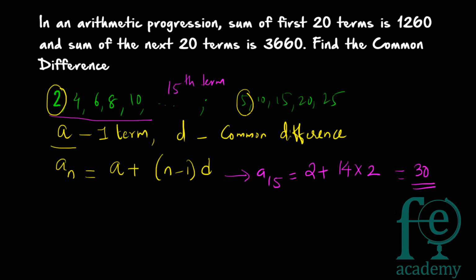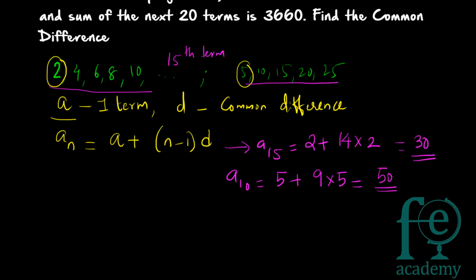One more example: in the second series you are asked to find the 10th term. A10 will be equal to the first term 5 plus n minus 1, which is 9, into the common difference 5. That gives 5 plus 45, which is equal to 50. So that is your 10th term. This is how we find the nth term of an arithmetic progression.